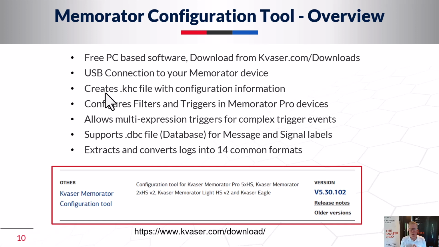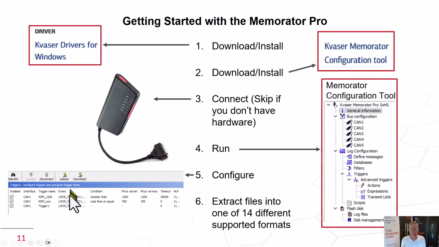DBC file support as well, so if you want to load a database file so you can work at the signal level or the applications level, you can do that. And it will extract and convert to 14 different common formats. So, moving on here.